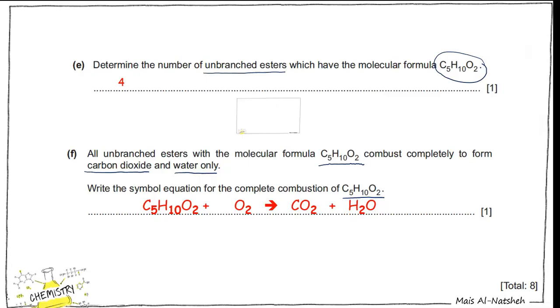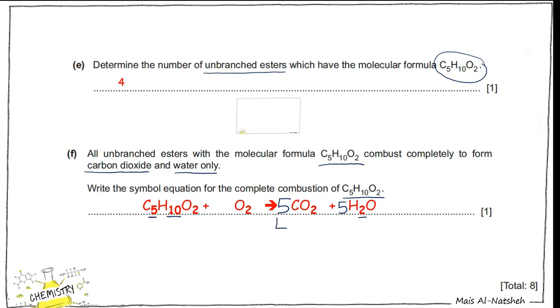The products are carbon dioxide, CO2, and water, H2O. Now, for balancing, here we have 5 carbons, so we have to multiply the carbon dioxide by 5. On the reactant side, we have 10 hydrogens, while on the product side we have only 2, so we have to multiply water by 5.